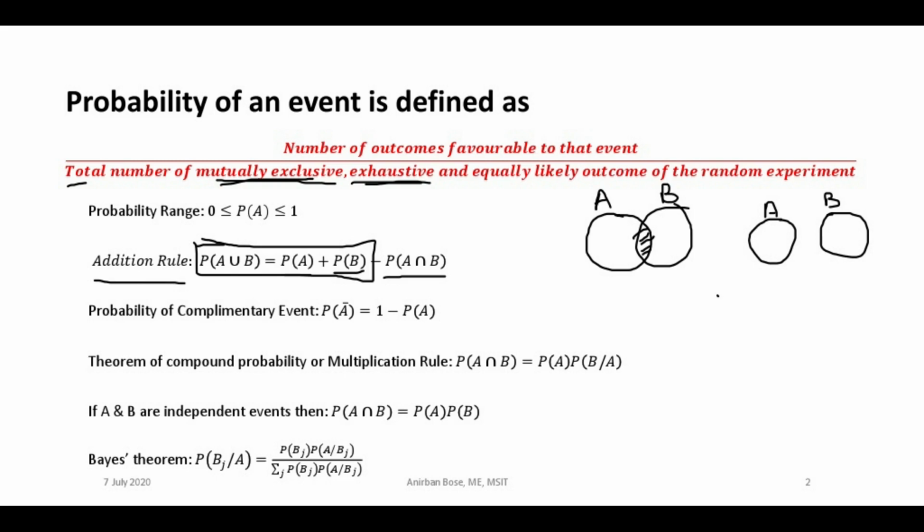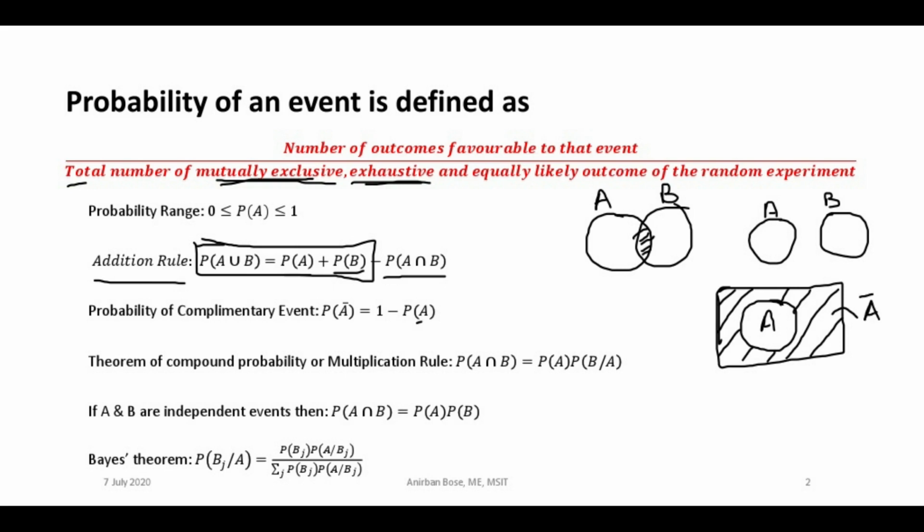Now see the probability of complementary event. Let us consider A and A prime. These are complementary events. Complementary event means if you consider this is the whole sample space, the total outcome, and this is a particular event that you have defined, then anything which is outside A but included in the sample space, anything has to be included in the sample space, is A complement.